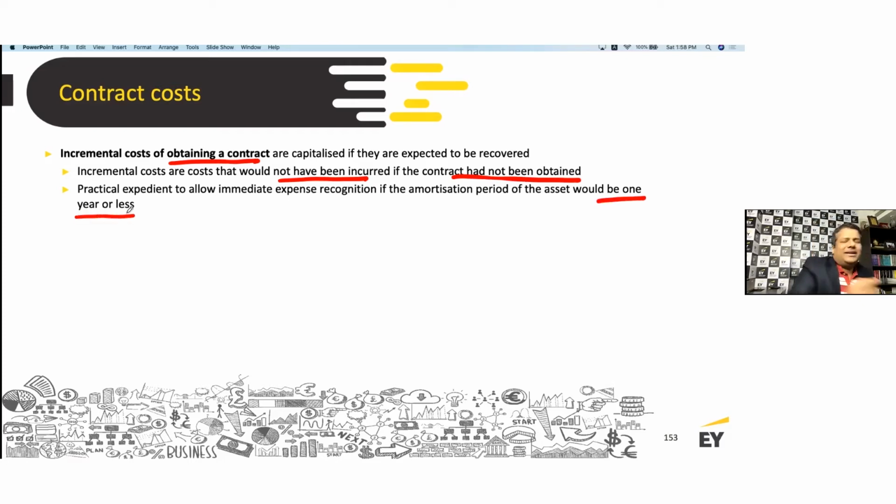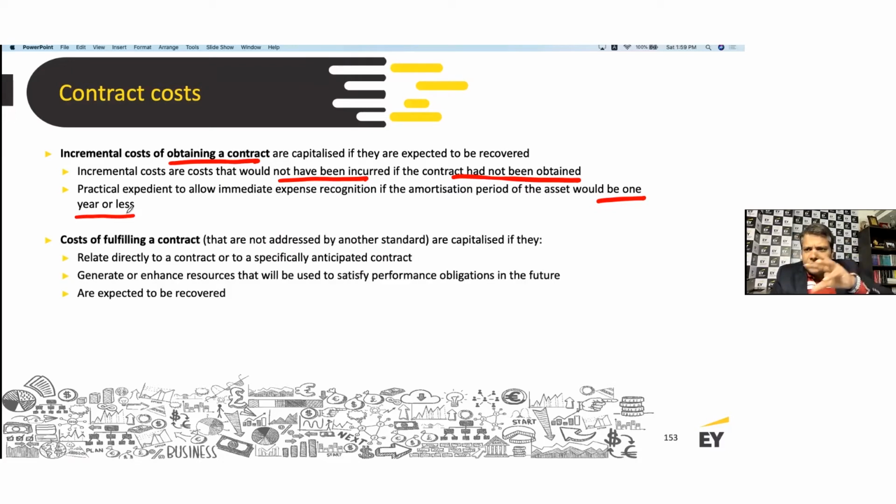In a way, it says you don't need to capitalize this if you anyway believe that the benefit period is not going to last for more than a year, right? So in other words, this is also not an accounting policy choice. So you have to do it. You have to capitalize, right? If there is an incremental cost of obtaining the contract and amounts are material from that perspective.